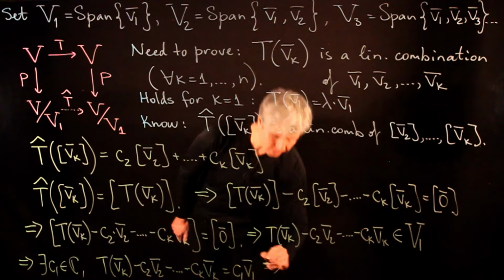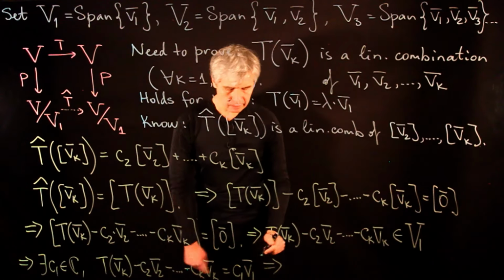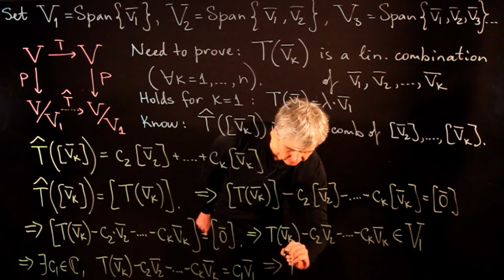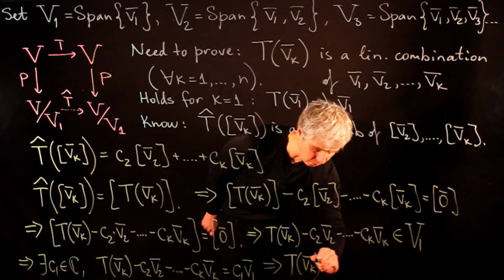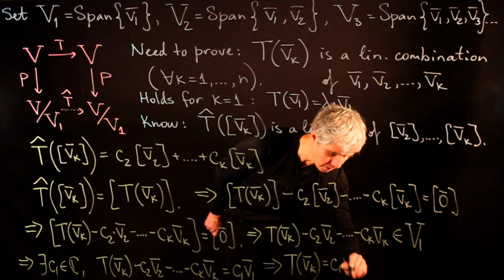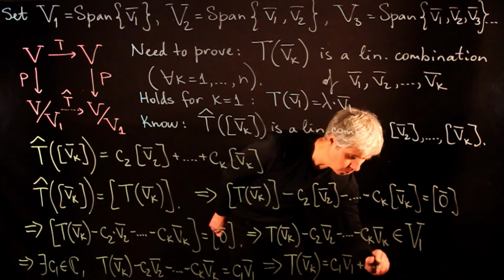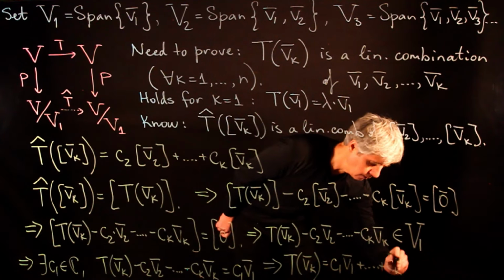And by moving the tail back to the right-hand side, we get the desired claim that T of Vk is a linear combination of vectors V1 through Vk.